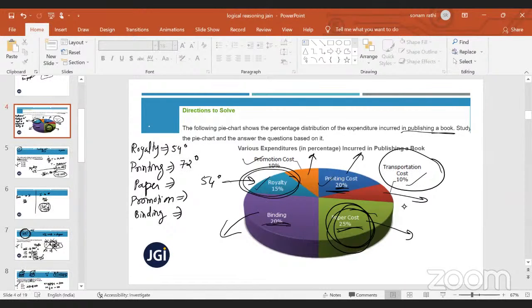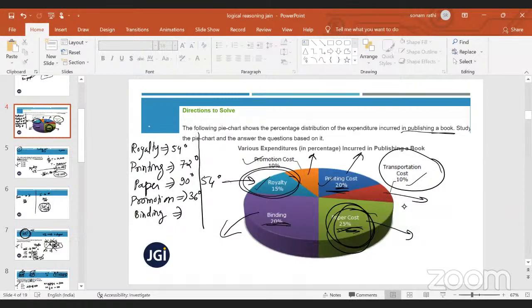For paper, 360 by 100 into 25. 90. Promotion, 360 by 100 into 10. 36.